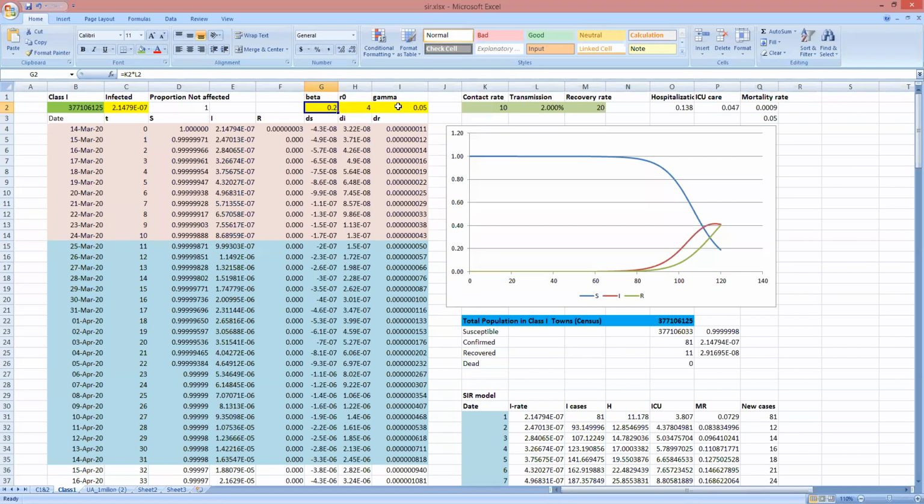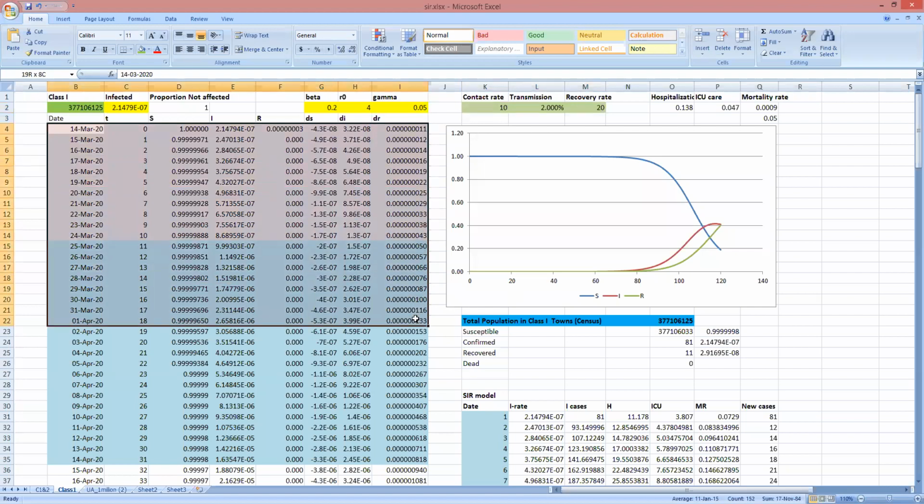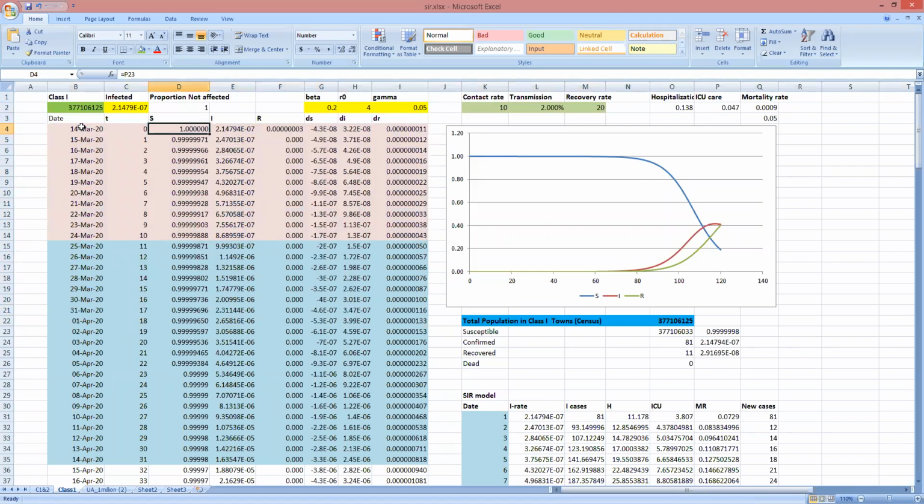This yellow will get calculated by itself. You have to put in the green ones. And this is data for India, or rather this is data for 14th March, the first date on which we have COVID data.